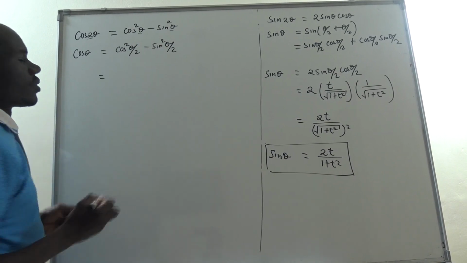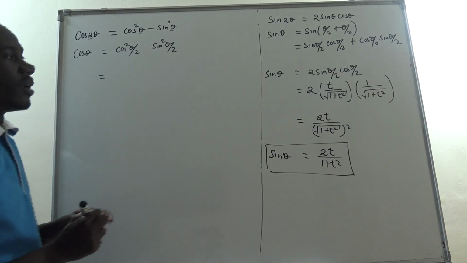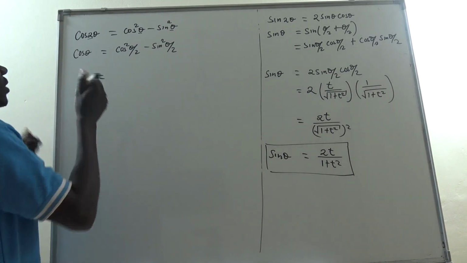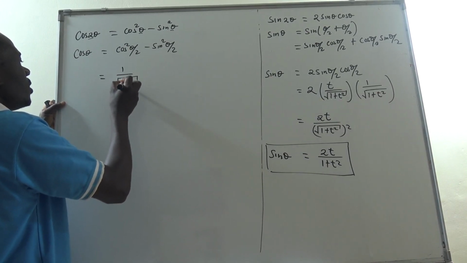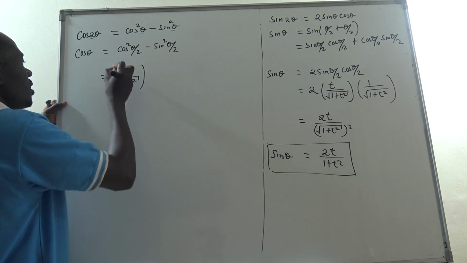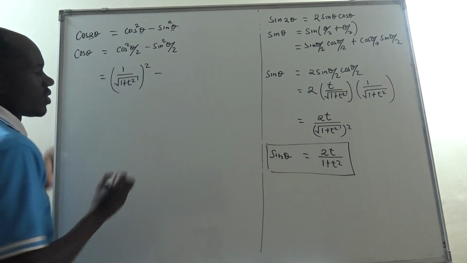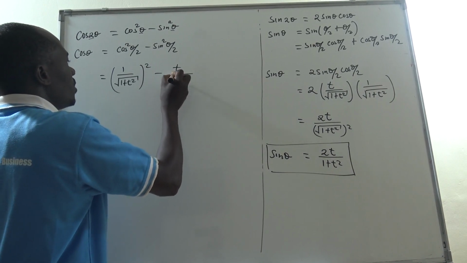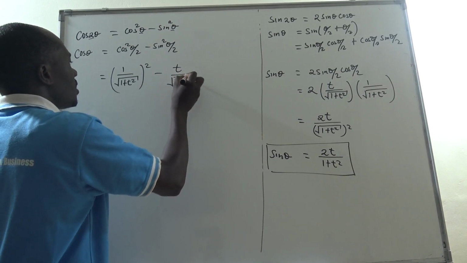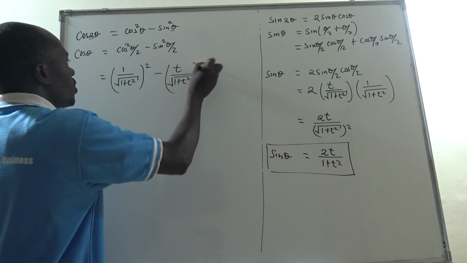But do we know cos theta by 2 in terms of t, what we derived? Cos theta by 2 is 1 all over the root of 1 plus t squared, the whole of it squared, minus, do we know sine is the same as t all over the root of 1 plus t squared, the whole of it squared.